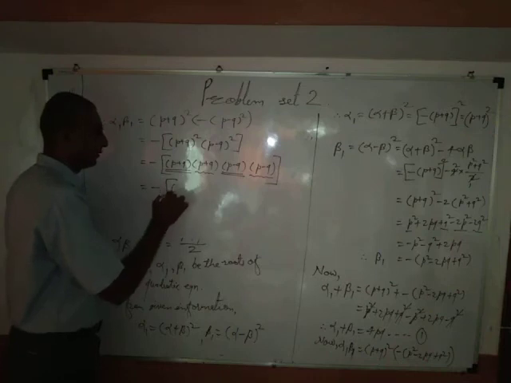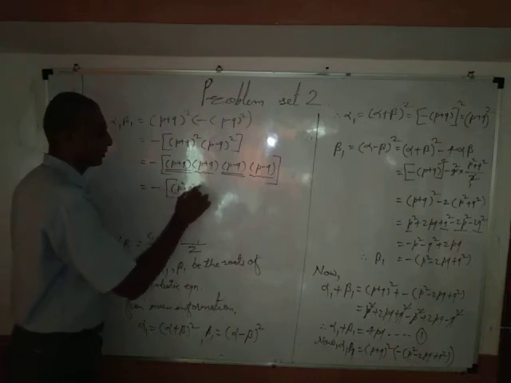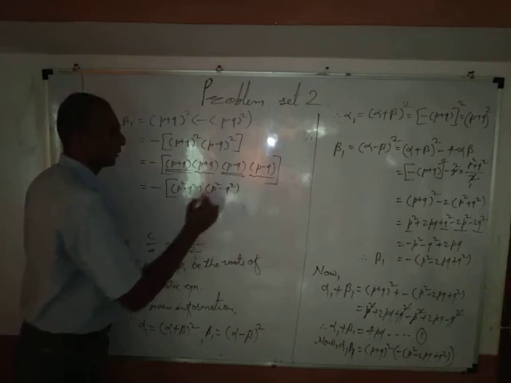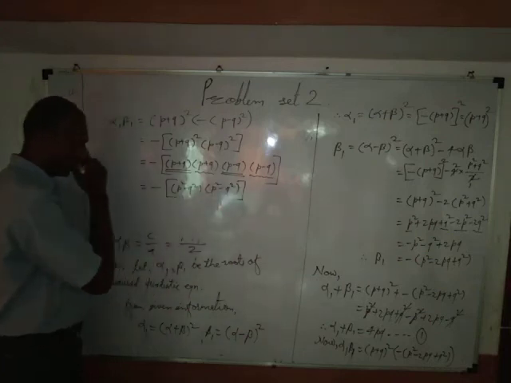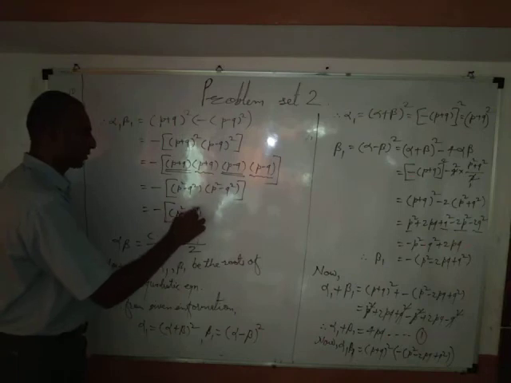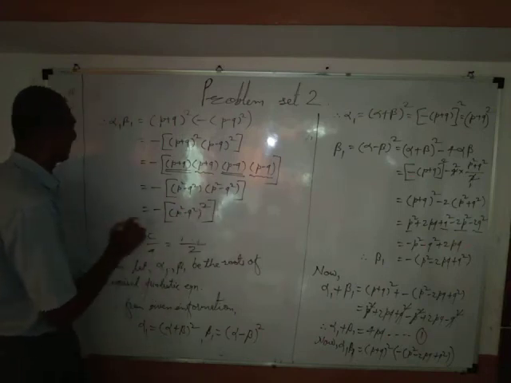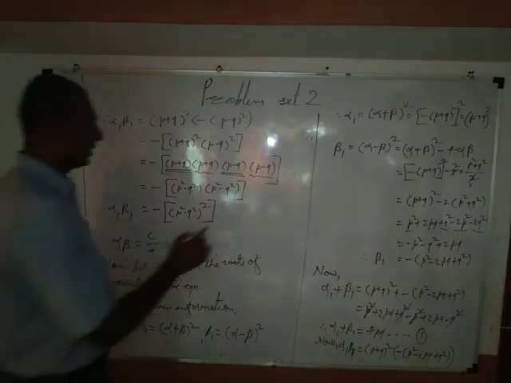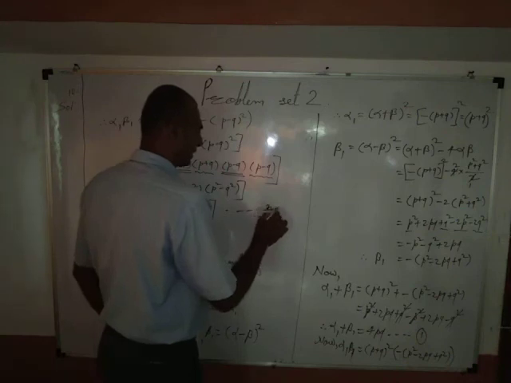Yes, it will be (p square minus q square) into (p square minus q square), bracket close. Means it will be minus in a box (p square minus q square) whole square, and therefore alpha 1 into beta 1 equals that. Okay, equation second.